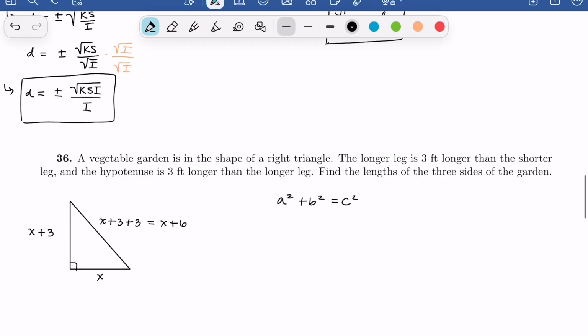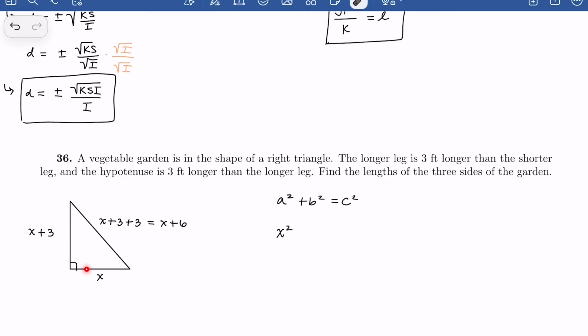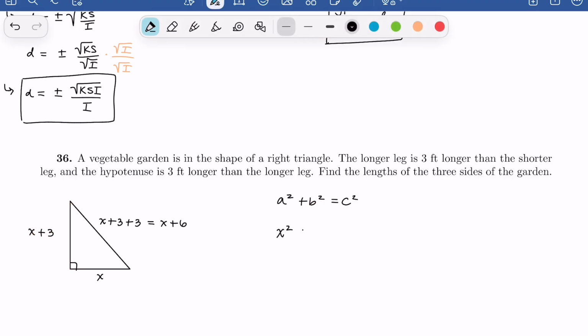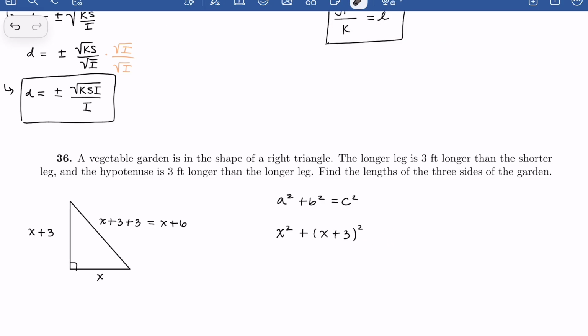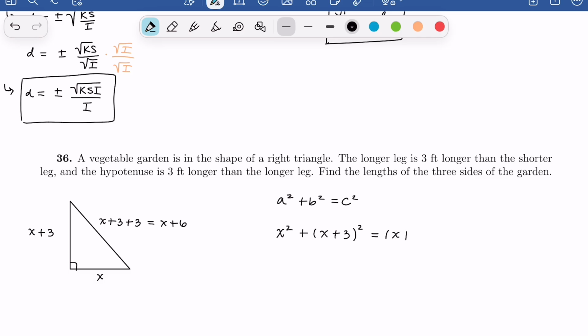A squared is going to end up being x squared since the length of this side is just x. The length of this side, our b, is going to be x plus 3, so that entire thing is going to be squared. We're going to have x plus 3 squared. And then lastly, this is going to be equal to our hypotenuse squared. Our hypotenuse is x plus 6, so that entire thing is going to be squared.